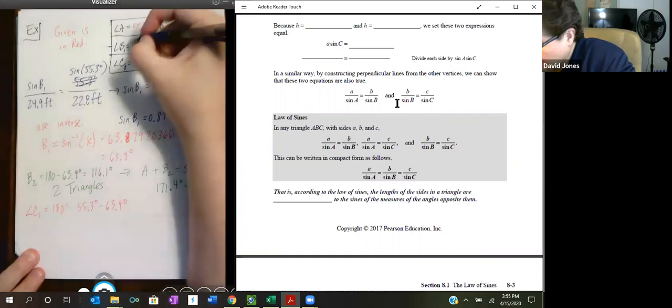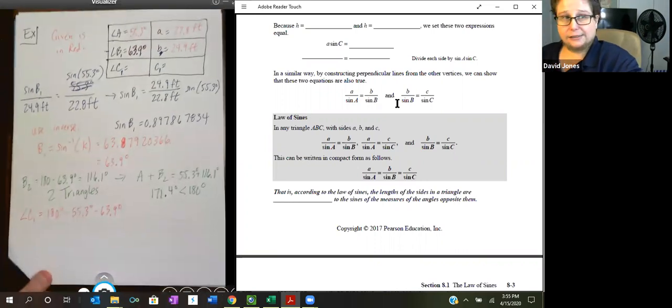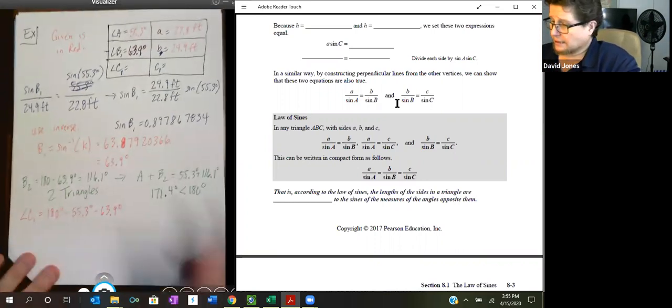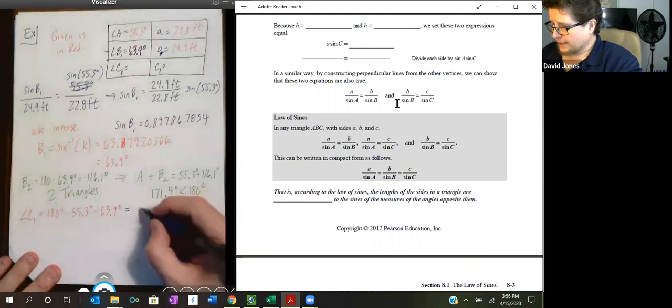I'm going to make that in blue because that was a rounded answer. So what is that, 60.8 degrees?